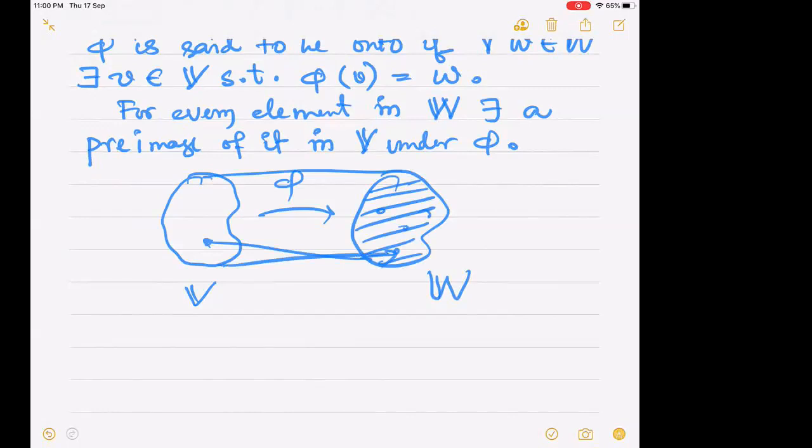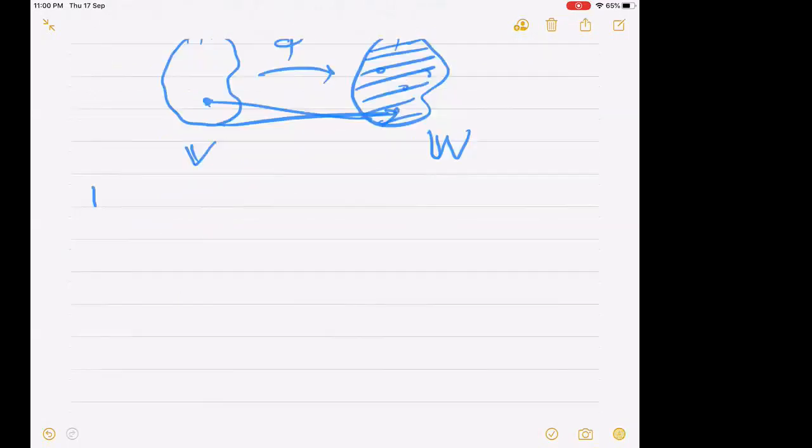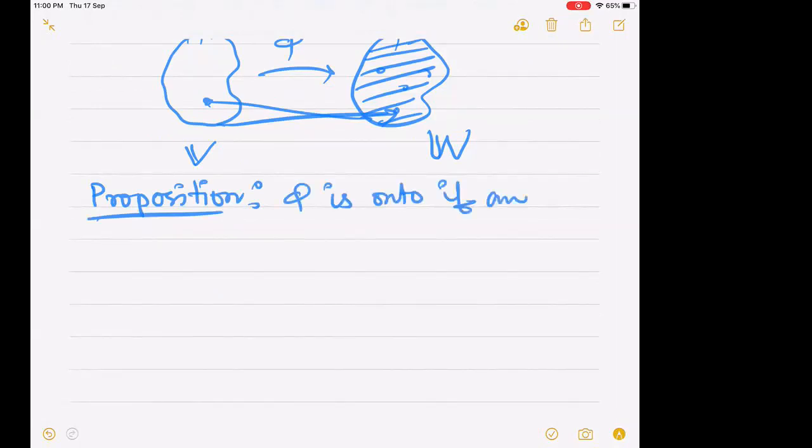An obvious observation is the following: phi is onto if and only if image of phi is all of W.